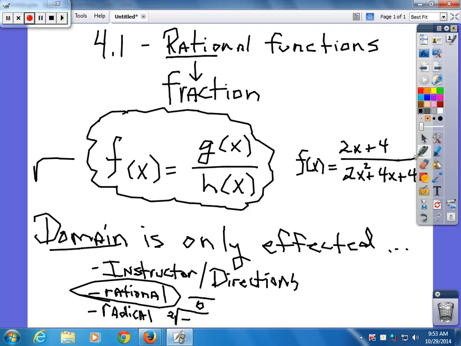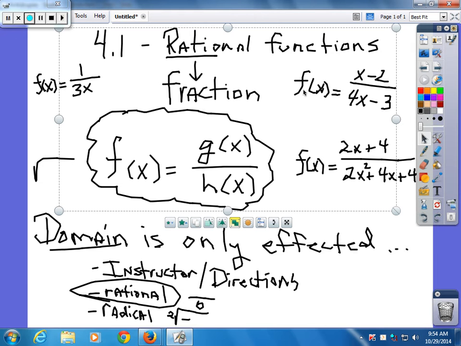Another rational function would be f of x is equal to 1 over 3x. That's a simple rational function. f of x is equal to x minus 2 over 4x minus 3. That's a rational function. All of these are examples of rational functions.